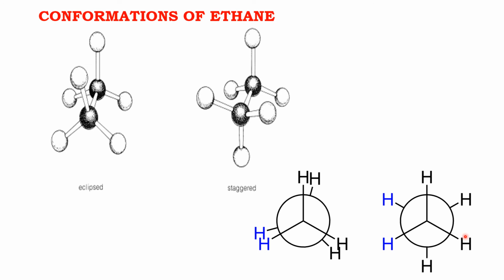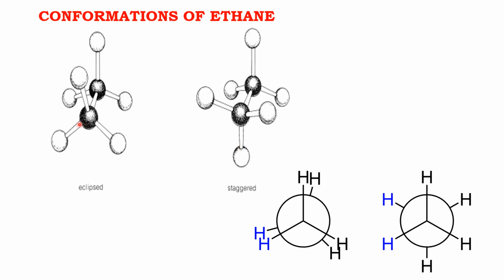Hence, we could say ethane could exist in an infinite number of conformations, but only two extreme conformations are possible. They are the eclipsed conformation and the staggered conformation.